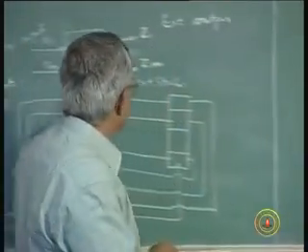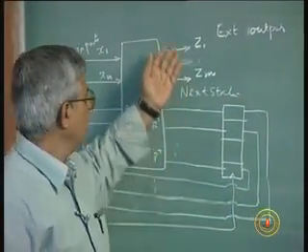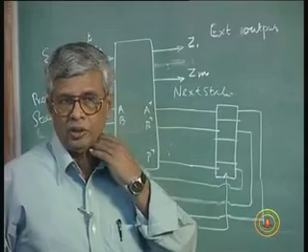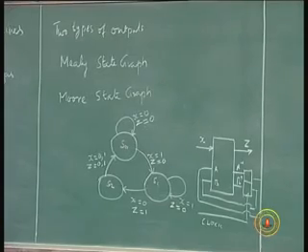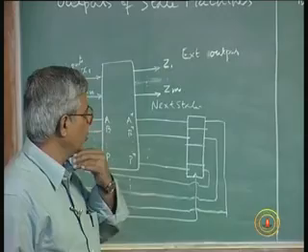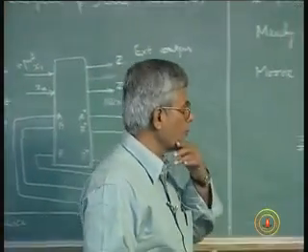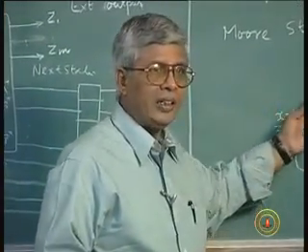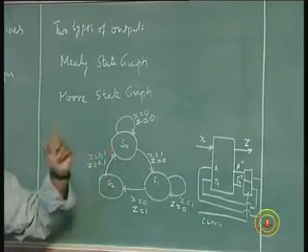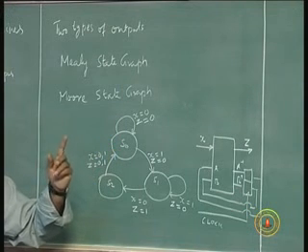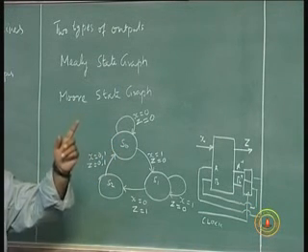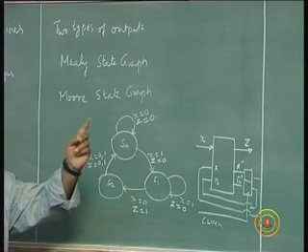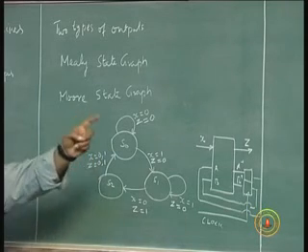In a generalized state machine, there may be several external outputs, Z1, Z2, Z3, up to M outputs. So my state graph will be written such that for a given state, what input condition will take it to the next state, under different input conditions what the next states are, and what the outputs are for each of those input conditions.